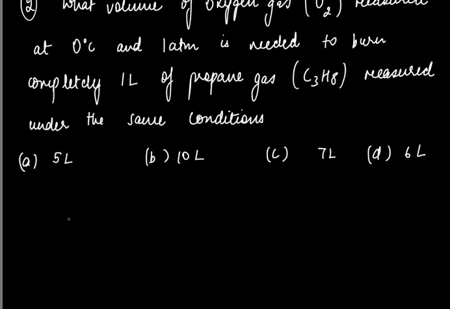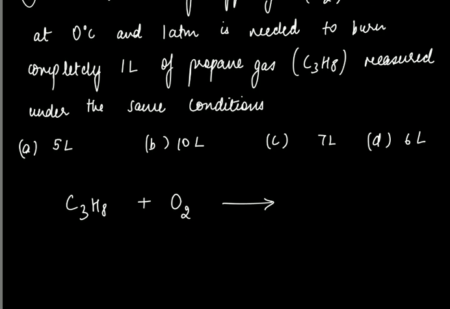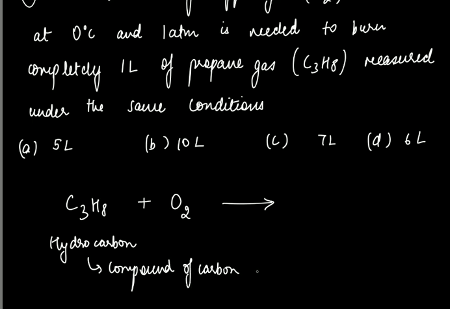Now, propane, C3H8. Whenever any hydrocarbon burns in the presence of oxygen, and this is a hydrocarbon, first we need to understand what a hydrocarbon is. It's a compound of carbon and hydrogen.